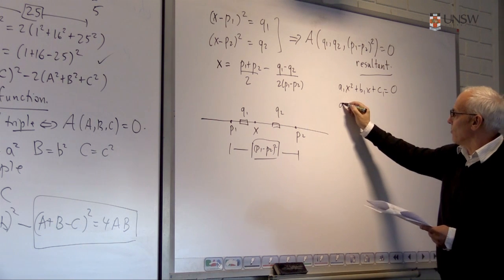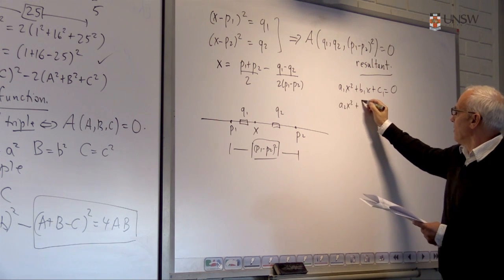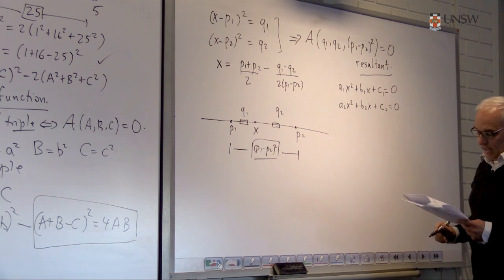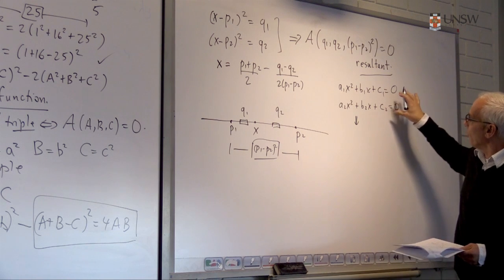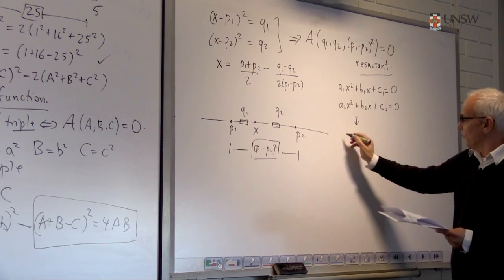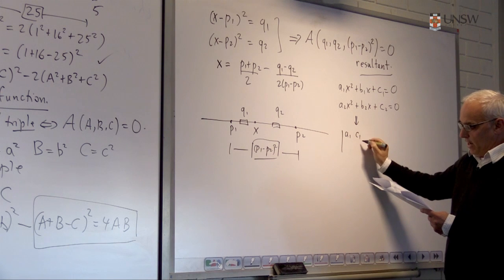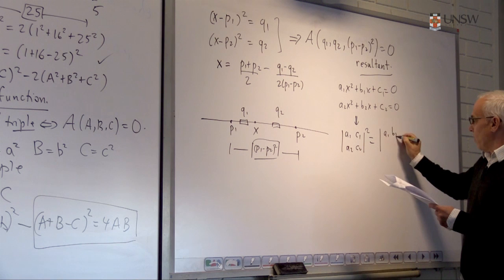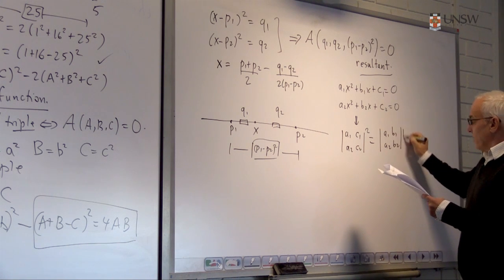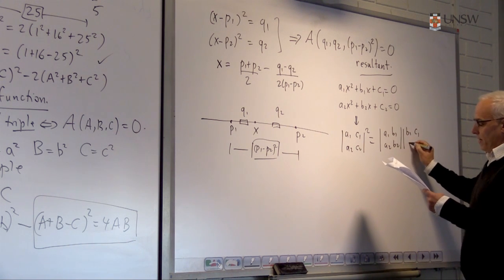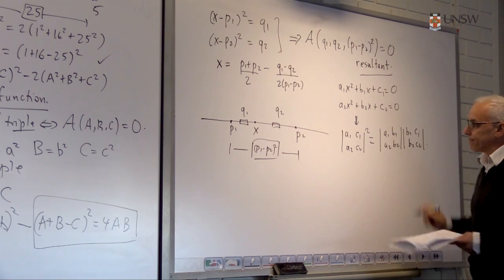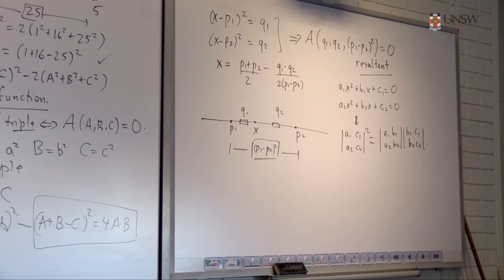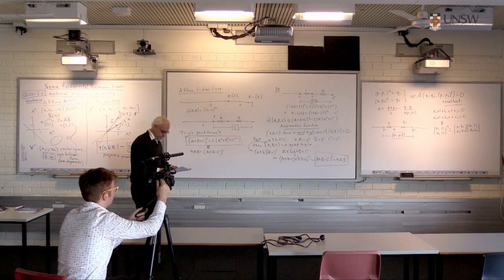If we rewrite the quadratic equations in this alternate form with these kinds of coefficients, then the corresponding identity becomes this determinantal identity: the determinant of a1, c1, a2, c2, all squared, equals the determinant of a1, b1, a2, b2, times the determinant of b1, c1, b2, c2. That's just a rewriting of the resultant formula.